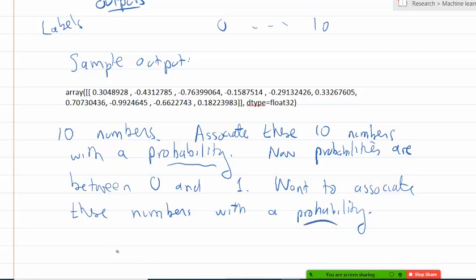There are actually two common ways to do this, but one way is called the logit, or log odds.